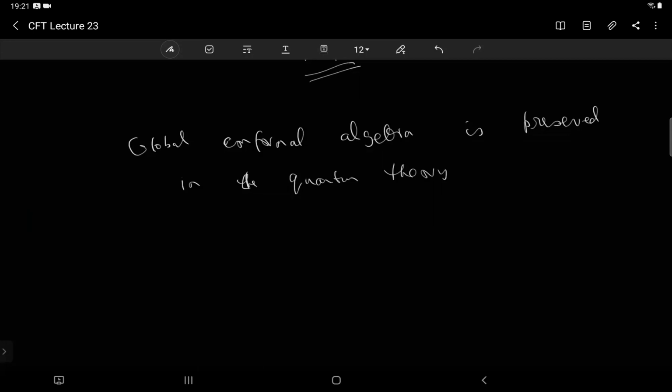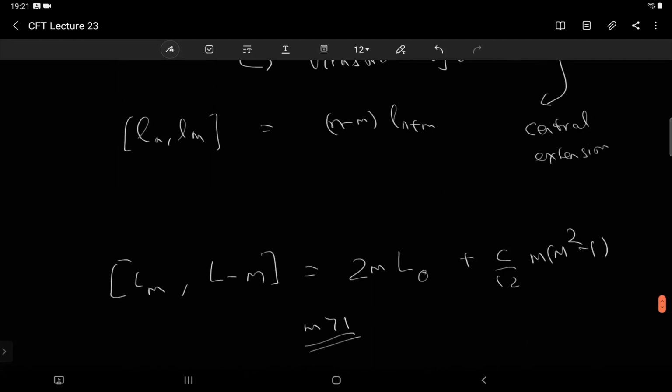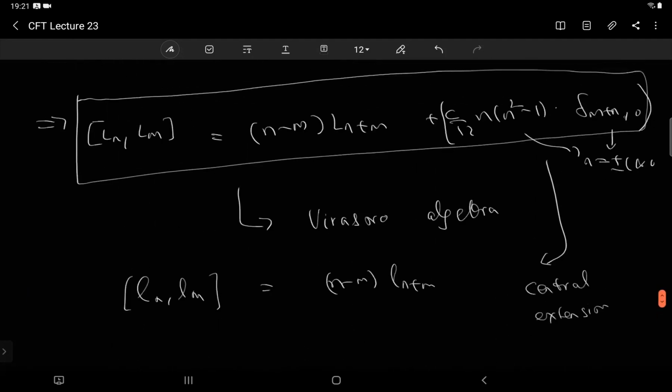Sir, here you told the commutator Lm L minus m will be zero, in which case you told L0 will be zero. No, L0 won't be zero. I'm saying: when will this second term be non-zero? Only when n plus m is zero.